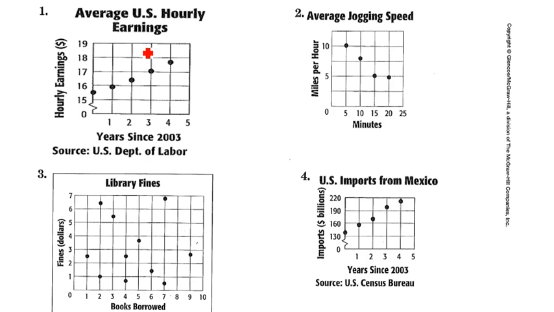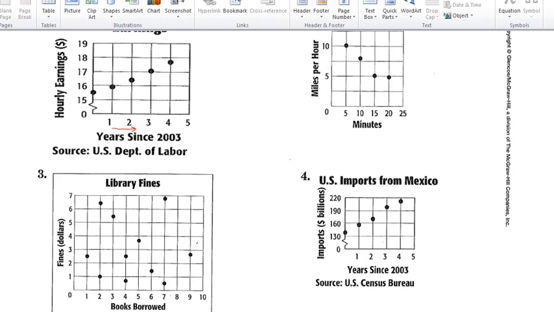Now the first graph here, average U.S. hourly earnings. We have years since 2003 and the hourly earnings. You should be able to see that these points are increasing. As x increases, y is also going up or increasing. We can draw a line of best fit. And when we draw that line of best fit, we're going to do as best we can.